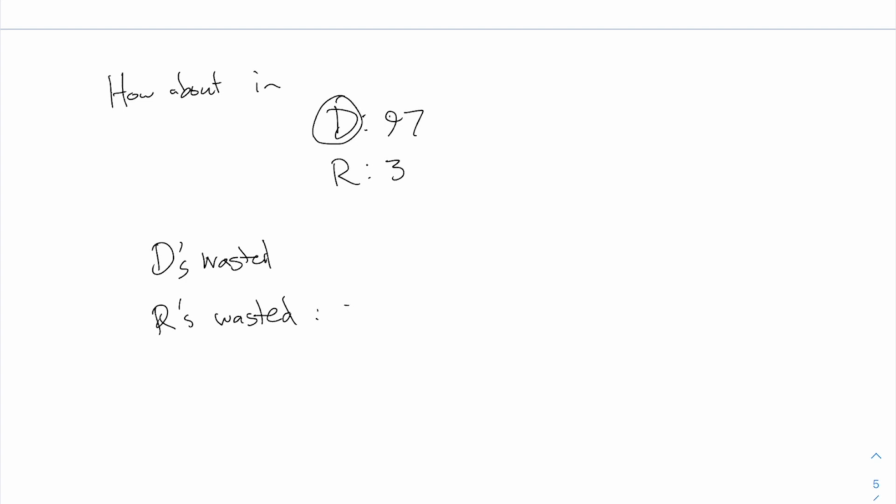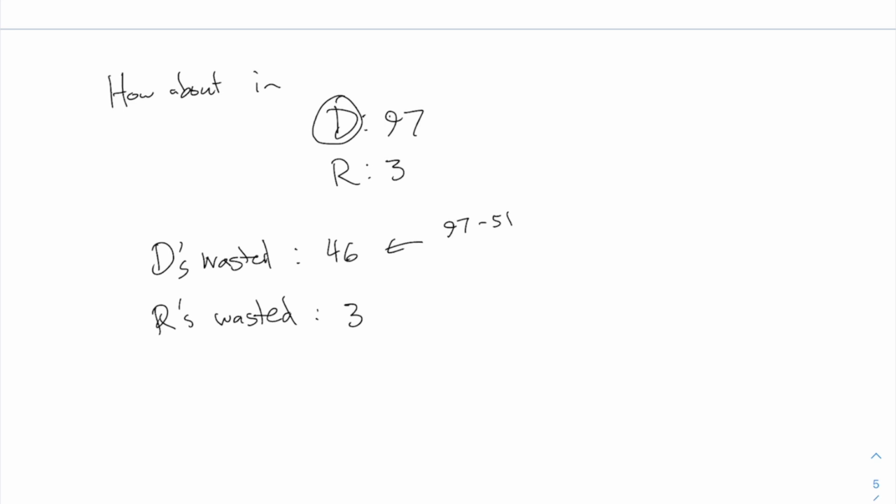So the R's wasted 3 because they were the losers. The D's wasted, the threshold here is 51, remember? They got a lot more than 51. I believe 46 more than 51, right? This came from doing 97 minus 51. The threshold was 51, but they got 97, all right?